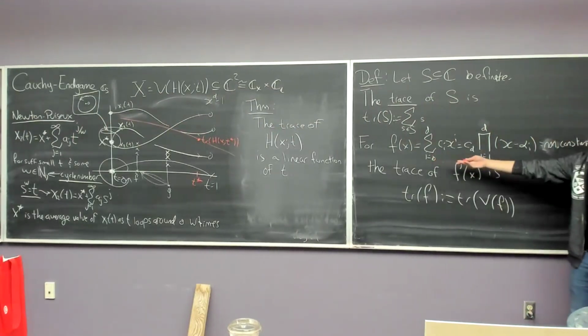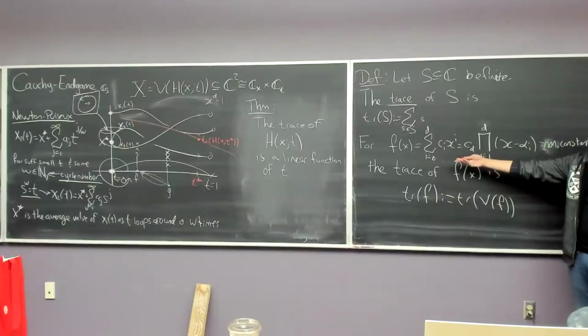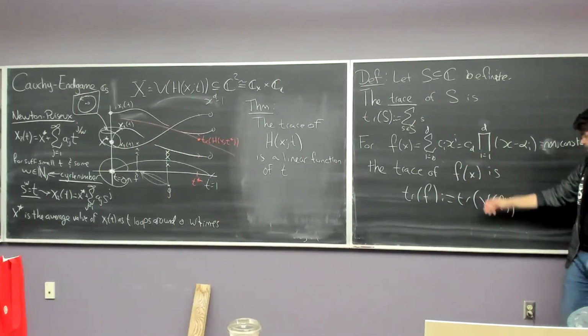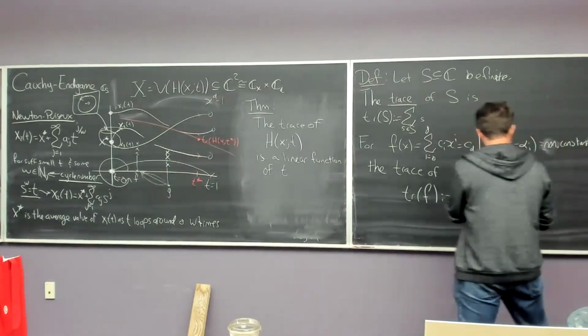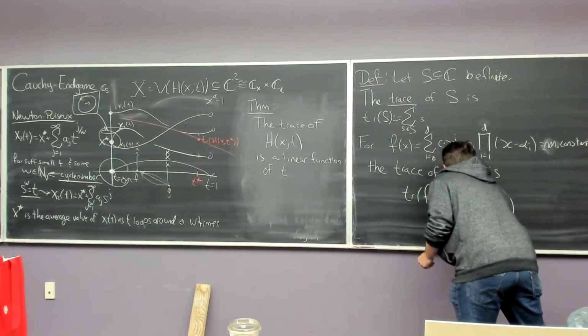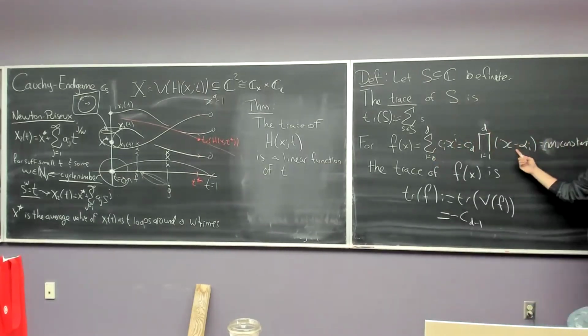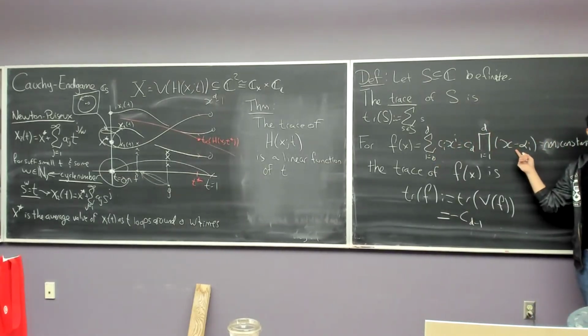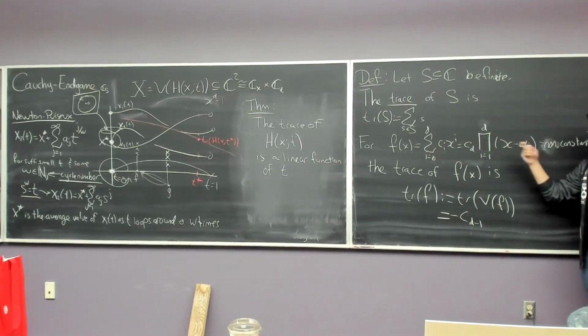Which coefficient on the board represents the sum of the roots? It's the coefficient of x to the d minus 1, negative c sub d minus 1. Expand this out. How do you get the coefficient of x to the d minus 1? Well, in one of these factors, you pick a root.